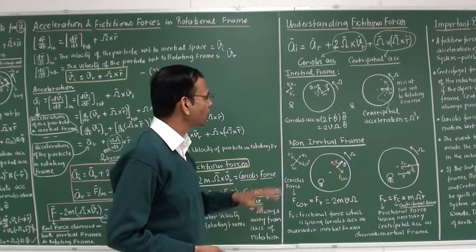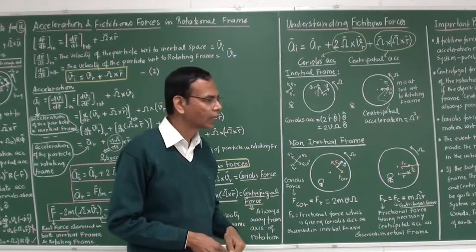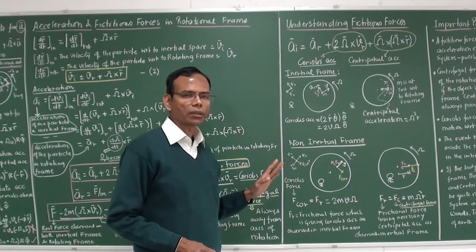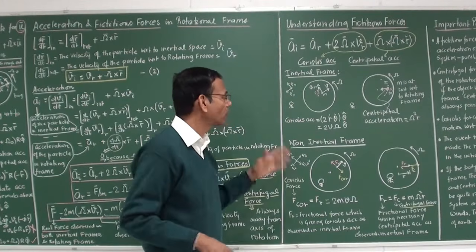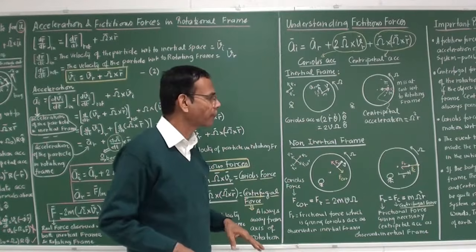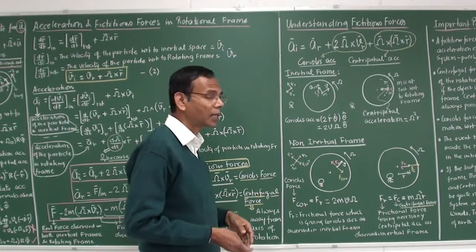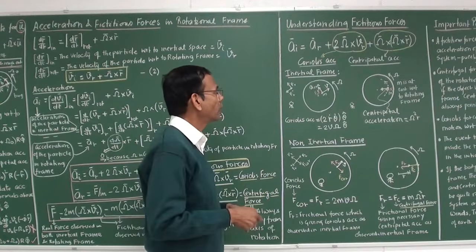Now, what is the final conclusion after all these examples? There are many other examples, as I told you. The final conclusion that I would like to conclude is, again, a matter of choice whether you accept my explanation.